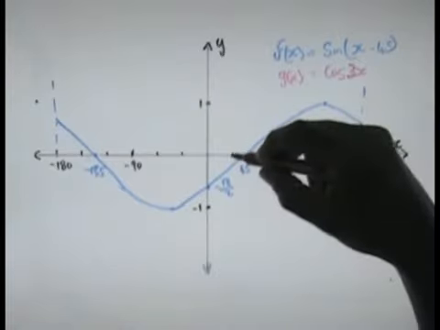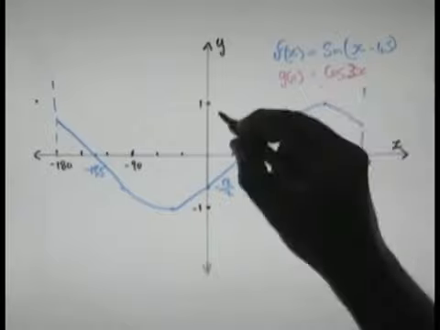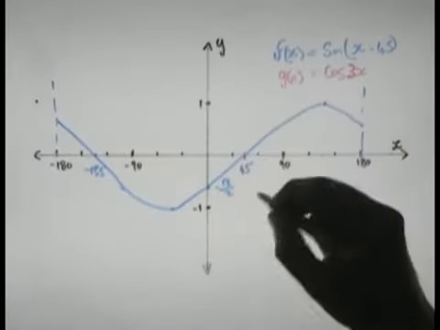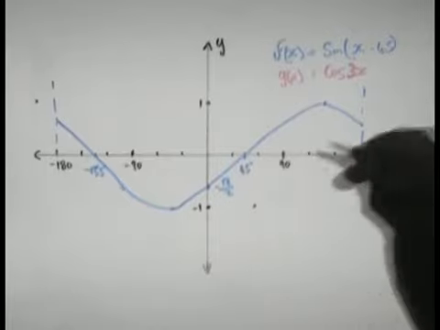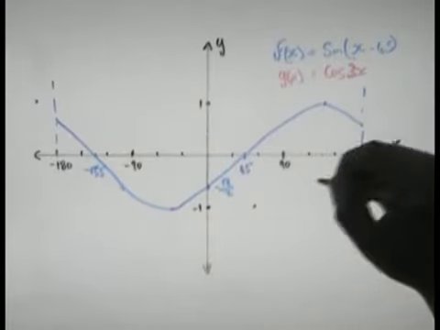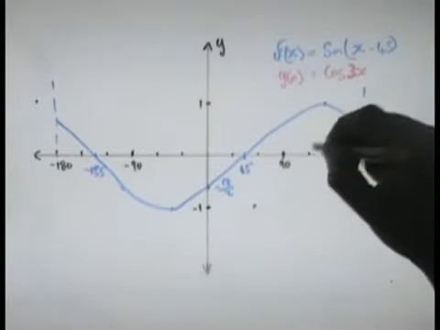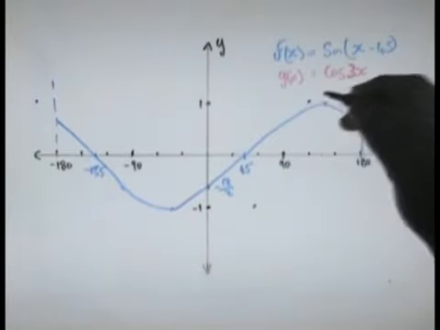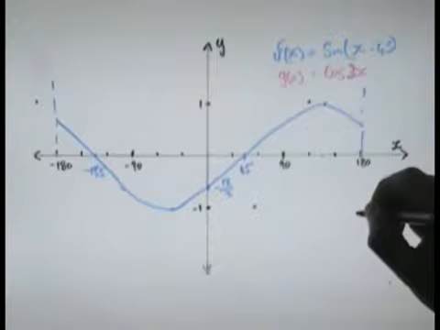When x is equal to 30 degrees, 30 times 3 is 90, cos of 90 is 0. When x is equal to 60 degrees, it's going to be cos of 180, which is negative 1. And then 0 again, and then all the way up to 1, and then 0, and then negative 1 over there.